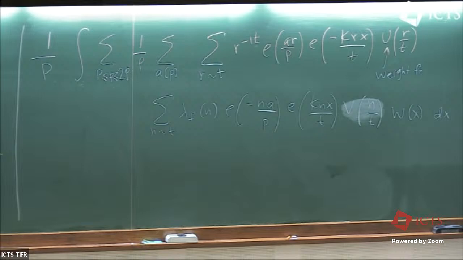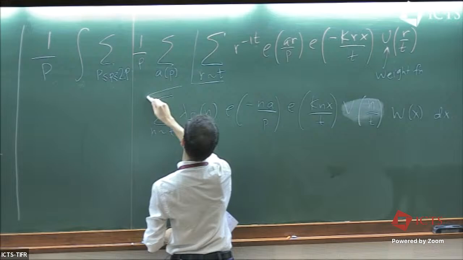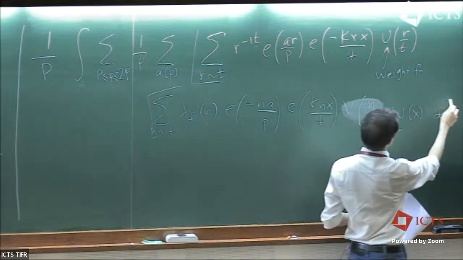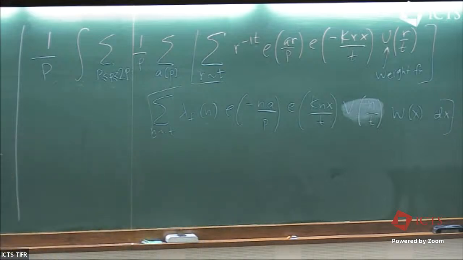And now what we'll do is we are going to analyze the R sum and the N sum separately. So we have this R sum, which does not have the Fourier coefficients. We have the N sum, which does have the Fourier coefficients. And I should also say what the goal is. What do we want to actually prove?